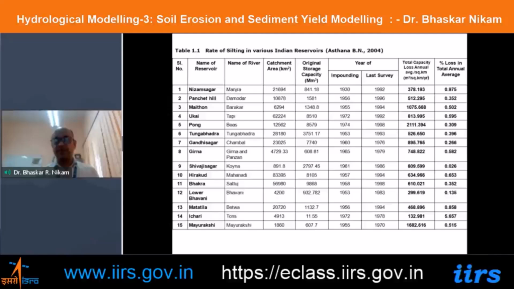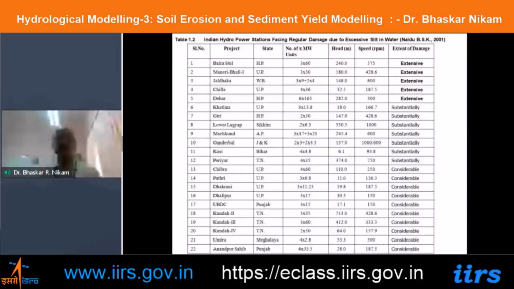On the other dark side of soil erosion and sediment yield, the sediment-laden water will also cause damage to the hydropower stations. The turbines will get damaged, and to avoid this, the hydropower stations are generally kept closed, so they don't function during the rainy season. Now see the irony.